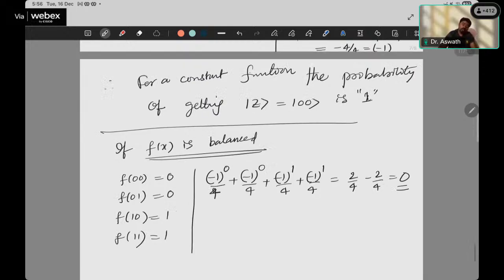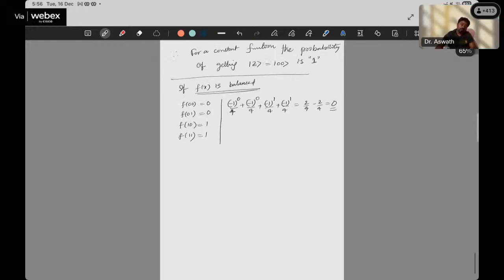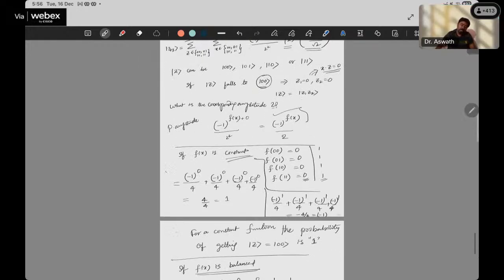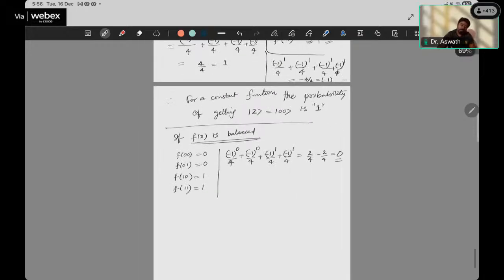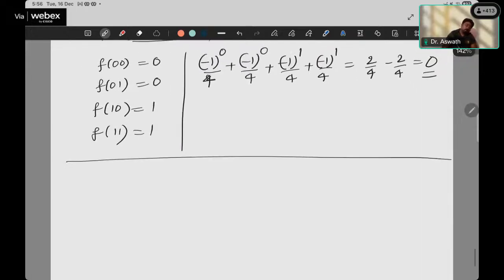So looking at the 4 cases, the first two cases where the function is constant, and the second two cases where the function is balanced, you can draw a very broad conclusion. What is the conclusion?